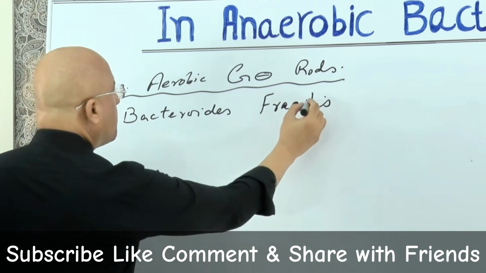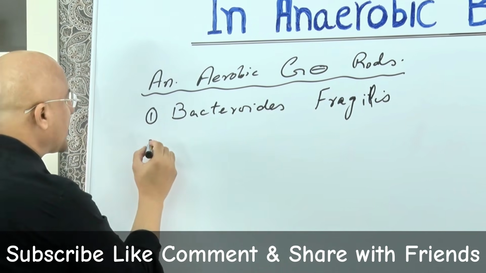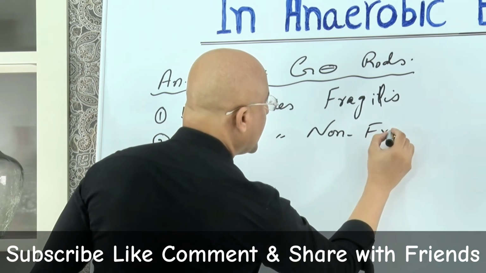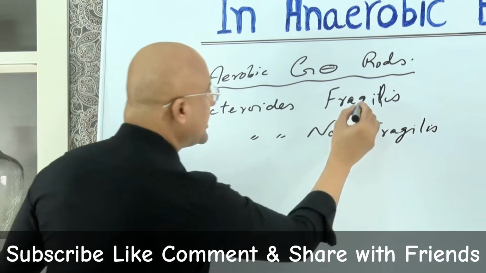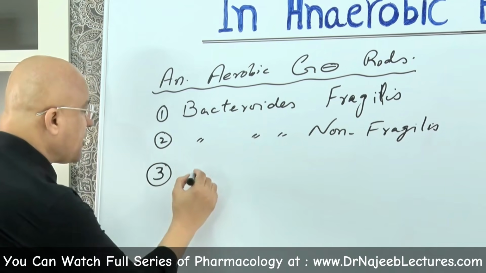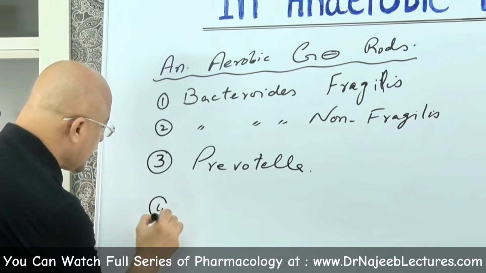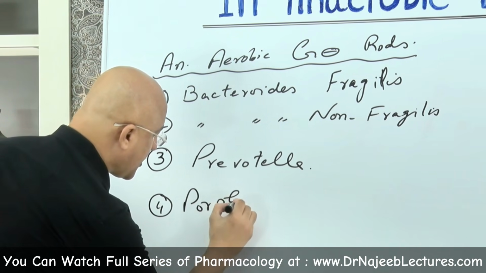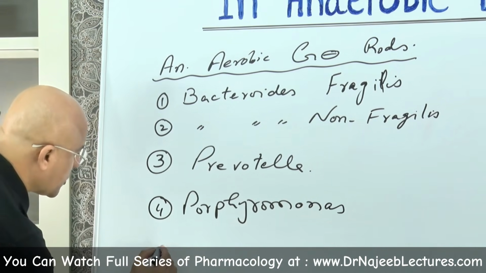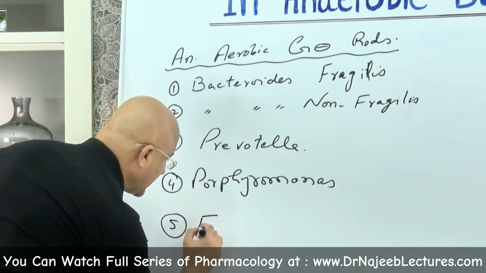Actually there are two types: Bacteroides fragilis and Bacteroides non-fragilis. Both groups are slightly different from each other. Then there is Prevotella, and then Porphyromonas, and both of them are pigment producing. And then there is your friend Fusobacterium.